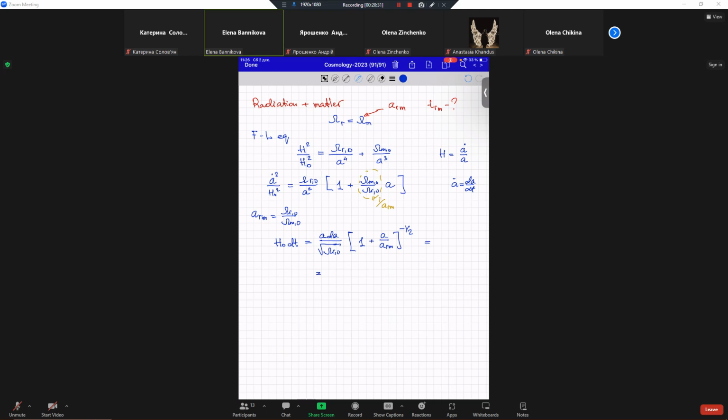This table integral gives us 2 divided by 3, 1 divided by the square root of omega r0. After this, we need to write ARM, and here I will write H0 T, from 0 to T for some time. Here I need to write a minus 2 ARM. This is what the table integral gives.